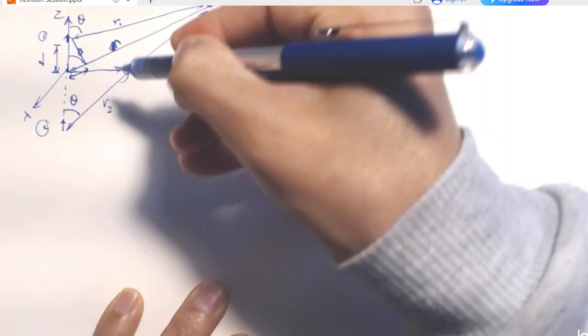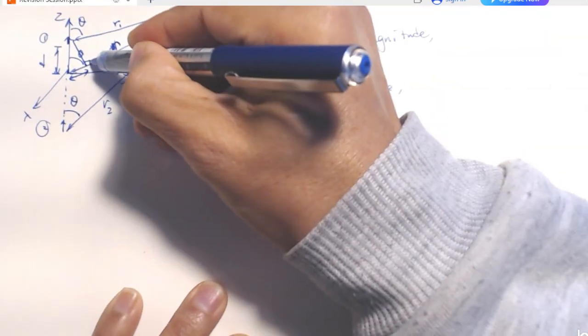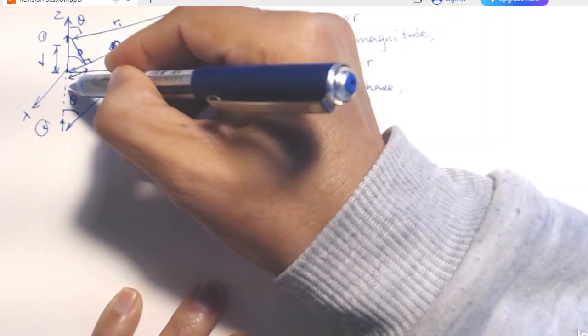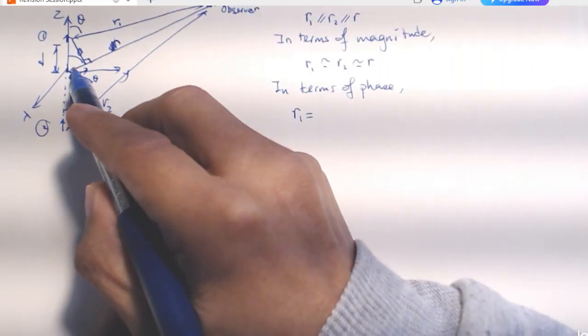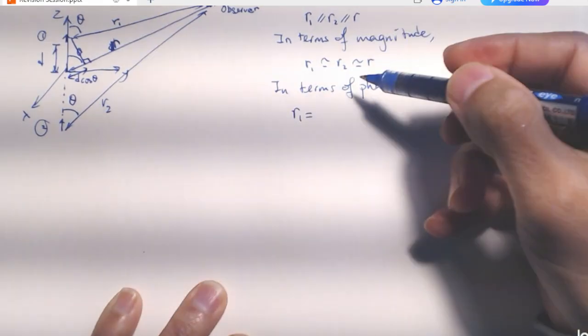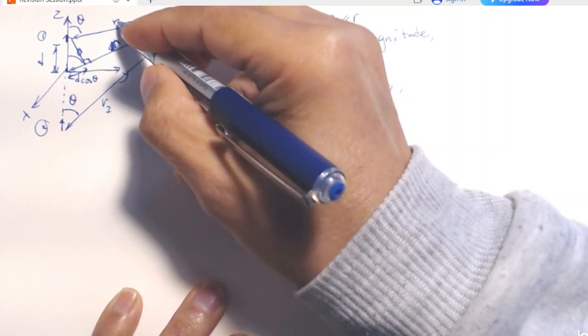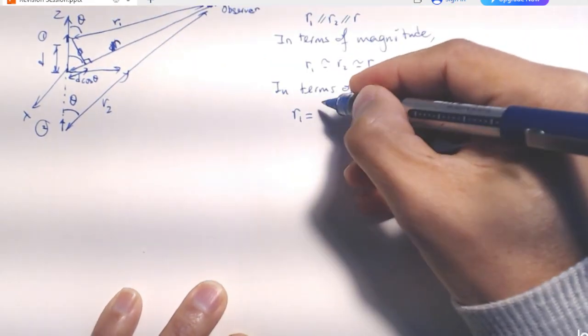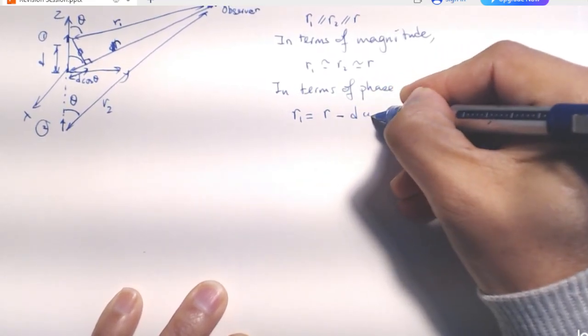It depends on this value. So if this is the right angle and this is also theta, then we expect d cosine theta as a difference in terms of the physical distance. So R is larger than R1 by how much? By d cosine theta.